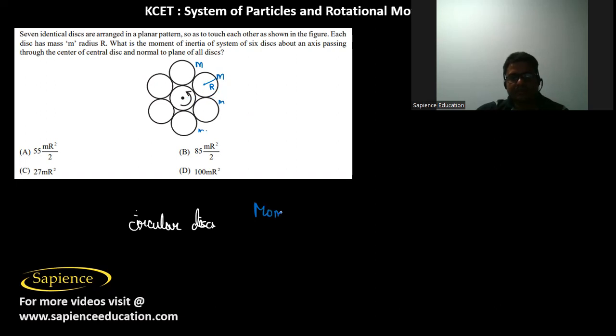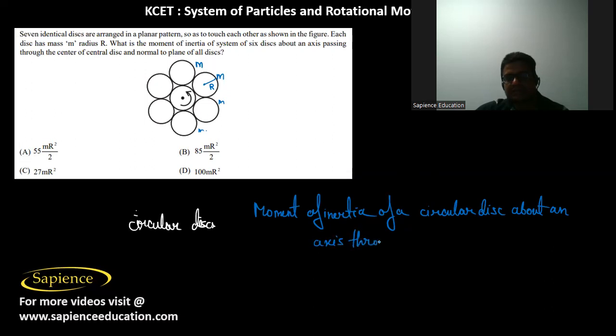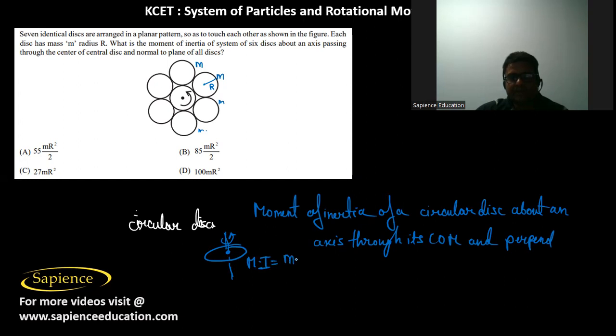We know that the moment of inertia of a circular disk about an axis through its center of mass and normal to the plane of the disk, it means if the disk is like this, then about this axis, the moment of inertia will be mr square by 2 if its radius is r and its mass is m.